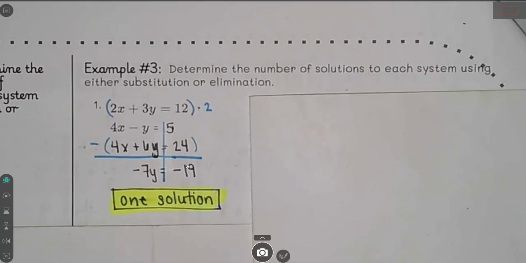All right. Can you guys solve the next 3 like this? Please solve the next 3. I'm going to give you guys 3 minutes. Hold up your board when you have them all. Again, you're solving the next 3.